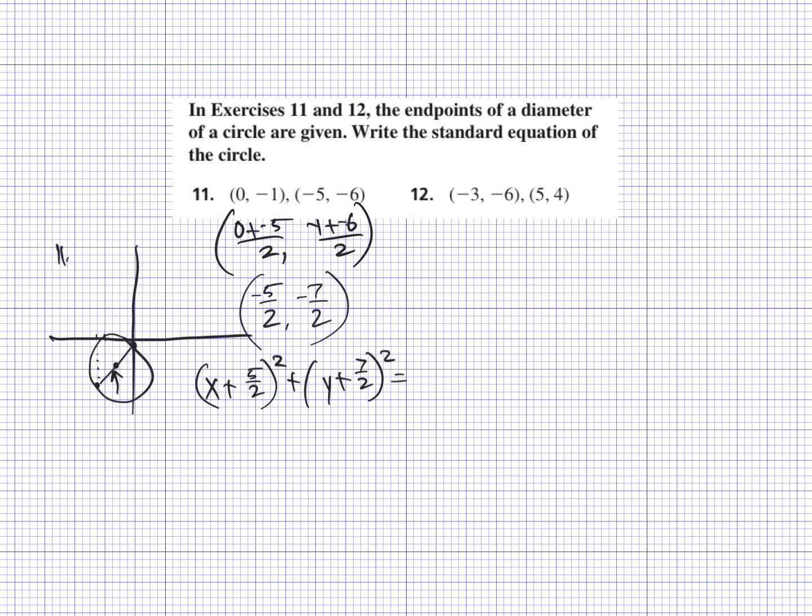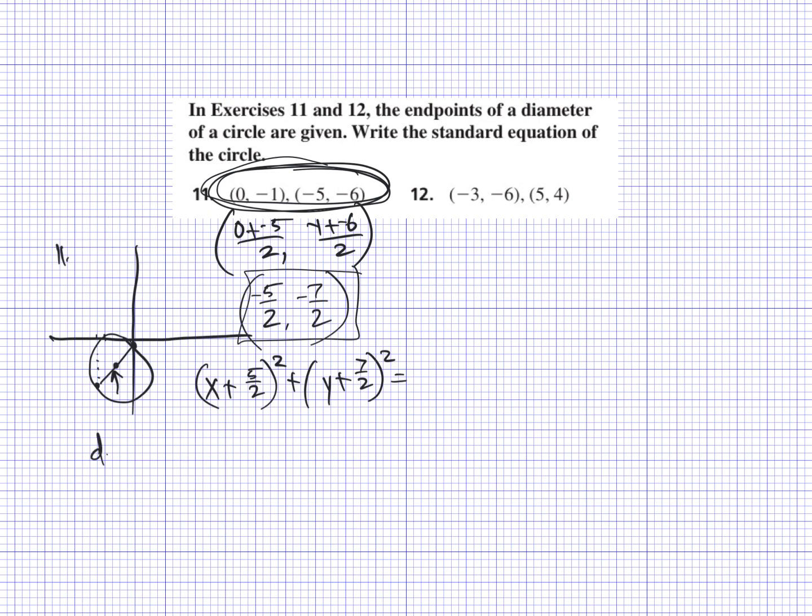Now we need the radius. We could use the center, but with those fractions, I don't want to deal with them. So let's just take half of whatever the distance of your diameter is.